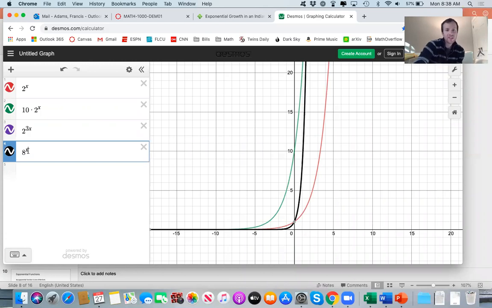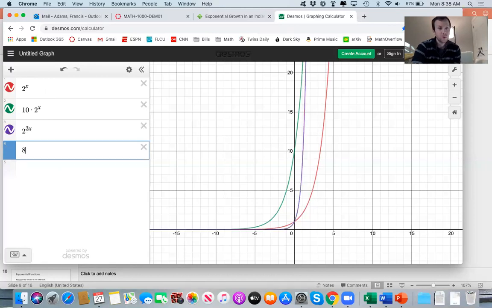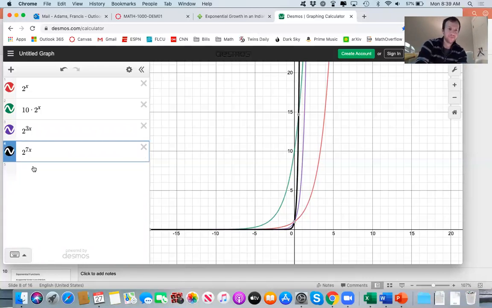But what's kind of nice is another way to keep track of that is leaving the base the same and just changing this constant k in here. So here it's just a 1, nothing there. Here there's a 3. If we were to change it even more, so 2 raised to the 5, let's go crazy, 2 raised to the 7x, that's even steeper.